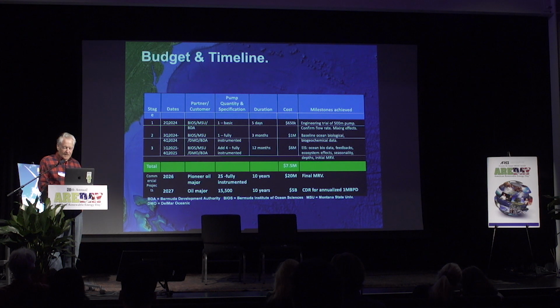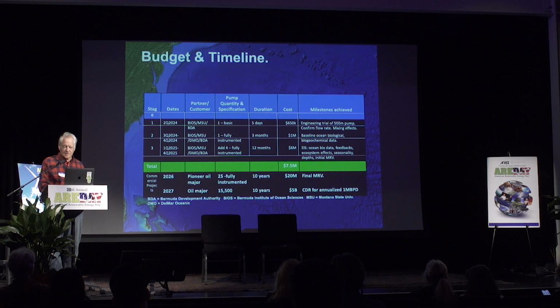And we have a budget to achieve an environmental impact statement for this project. So that's the go, no go. We have to demonstrate that this is a safe technology. We have a test booked for next June 5th with the Bermuda Institute of Ocean Sciences to do a short-term test of a basic pump at 500 meters depth, and then expand that to a 3-month test.